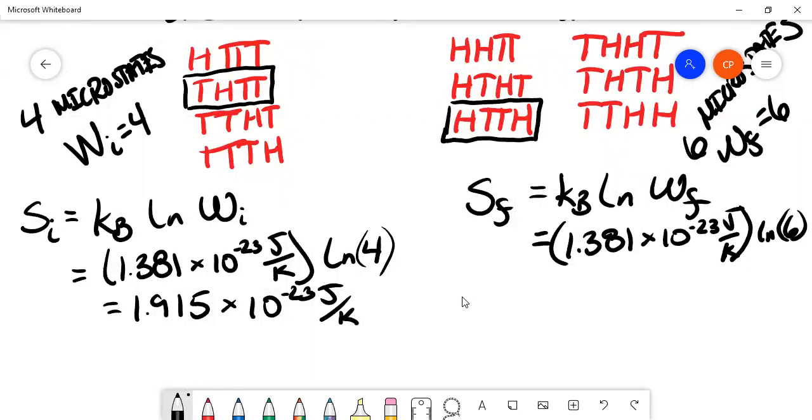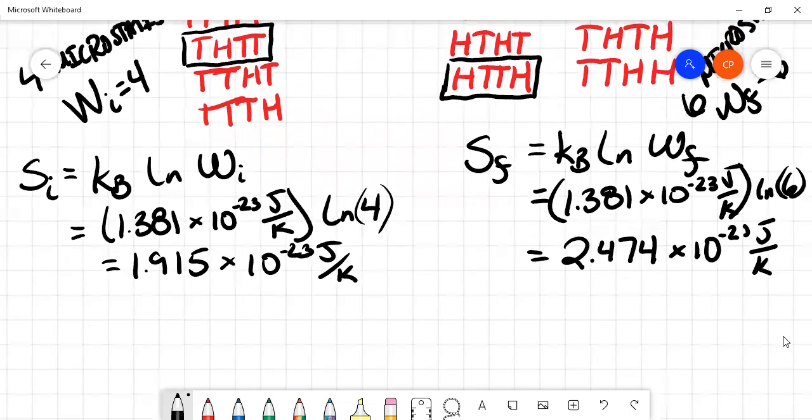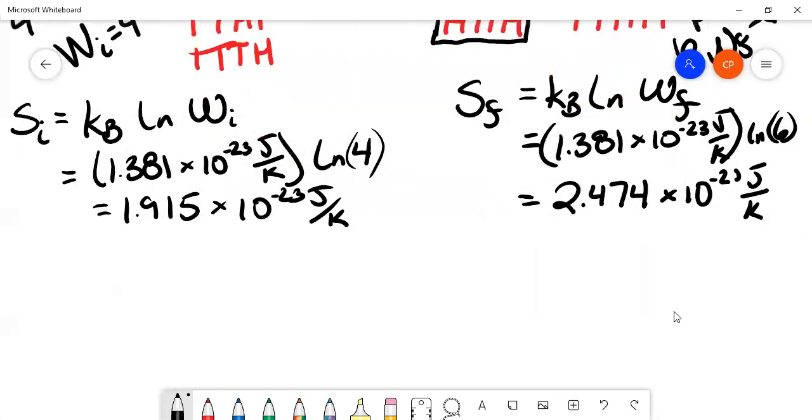That'll get me 2.474 times 10 to the minus 23rd joules per Kelvin. And so I've got an initial entropy and I've got a final entropy.